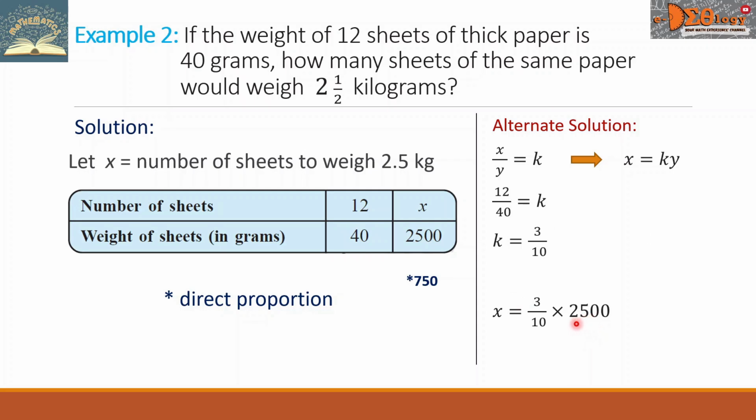Notice that this 2,500 and the denominator 10, we can cancel out. So it becomes 3 multiplied by 250. So x is equal to 750 sheets, which is the same value that we derived from the first solution.